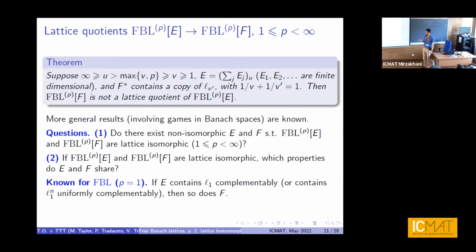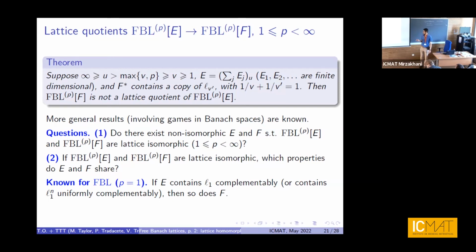This has to do with something that I mentioned in the previous lecture. Let's say the space E contains capital L_1 as a complemented subspace. Then we know that the free Banach lattice, when p is equal to 1, the free Banach lattice on E contains L_1 as a complemented sublattice.